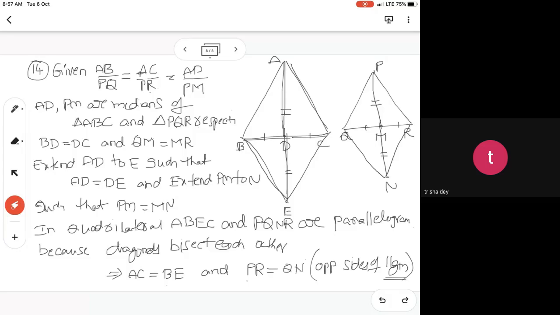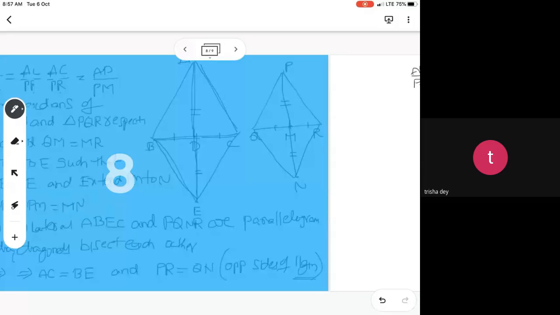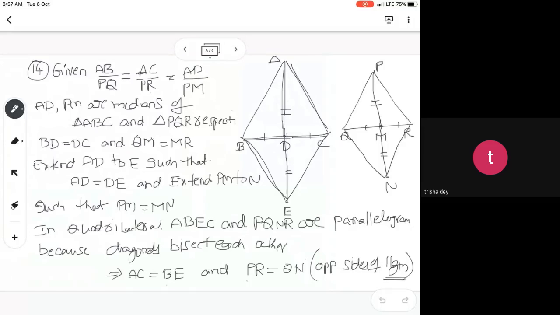So what to do here? What is the next step? Replace these two, BE and QN, and multiply by 2. So therefore, what are you going to get here? Let us write here. AB by PQ is equal to AC by PR, but AC will be replaced by BE and PR by QN.